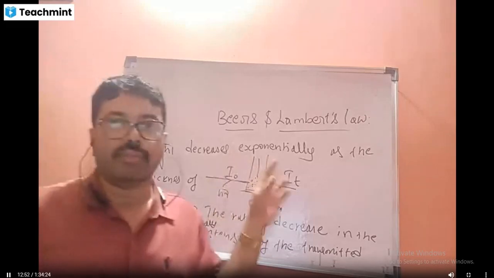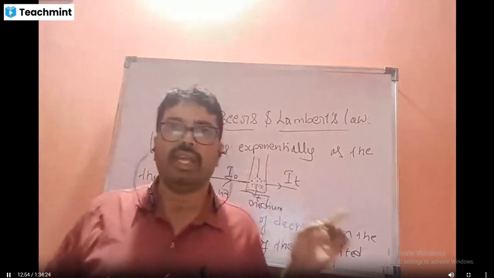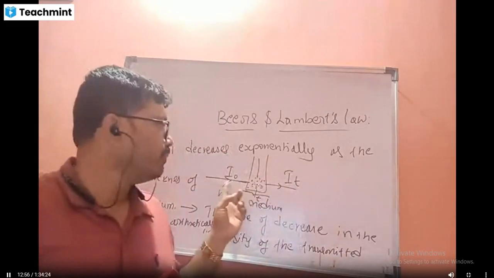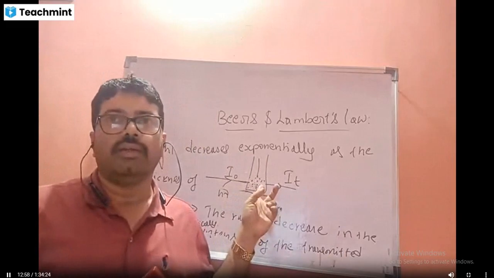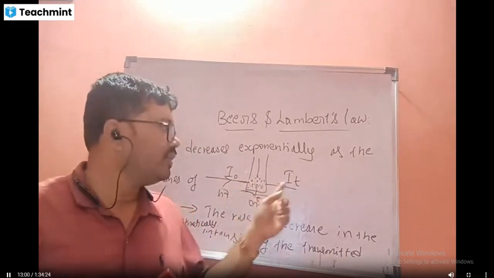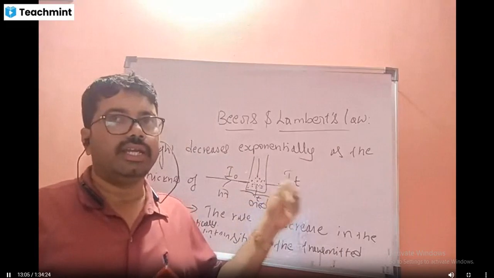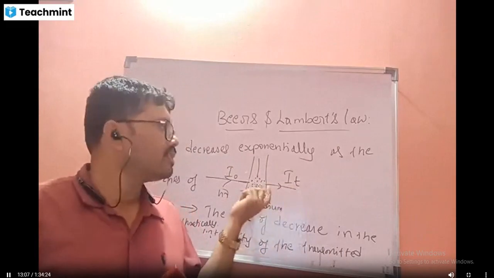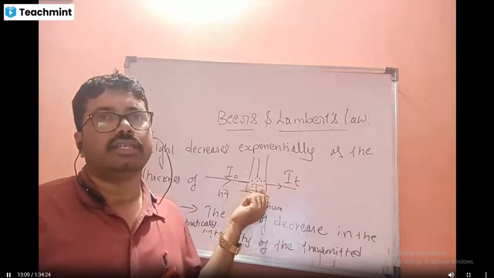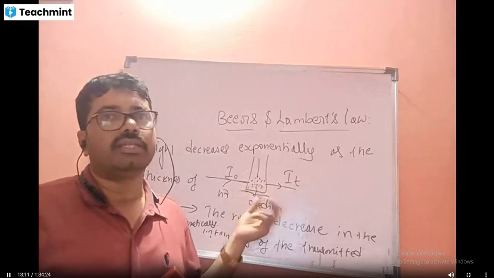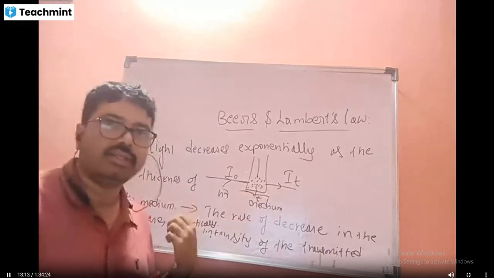So the definition is very important. The definition: when a light passes through an absorbing medium, the rate of decrease of transmitted light decreases exponentially as the thickness of the medium increases arithmetically. Okay?